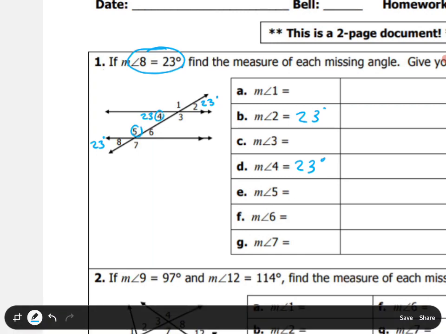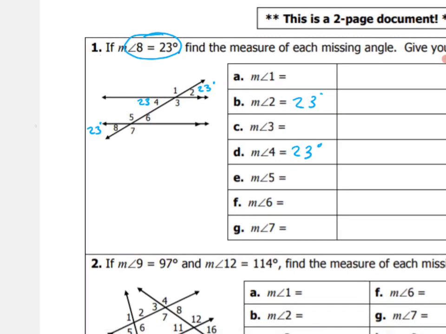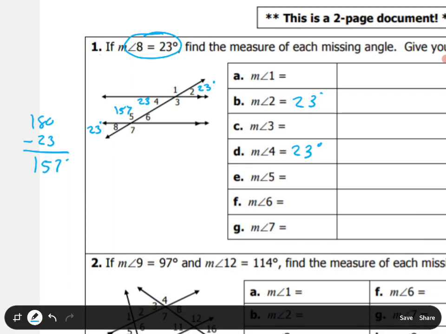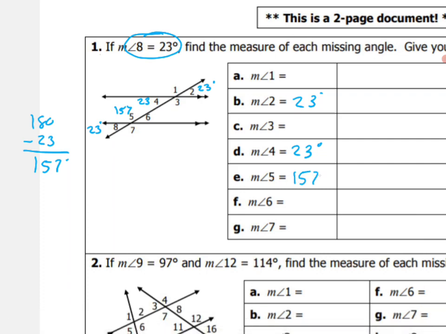Same side interior are going to be the only ones that are not congruent. So same side interior are going to be supplementary. Supplementary means I have to add up to 180. So I could do 180 minus 23. And that's going to give me 157 for angle 5. So 23 plus 157 gives me my 180. So that works out. So I'll know that angle 5 is going to be 157.